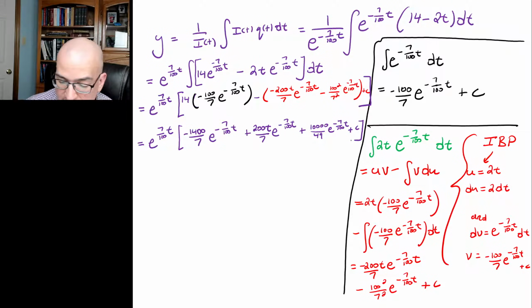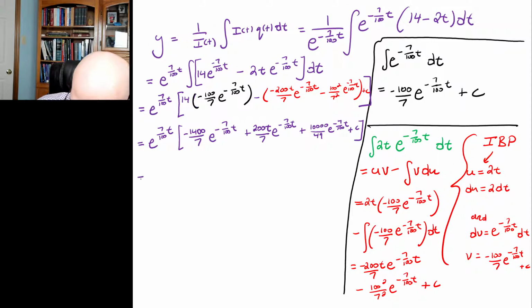And then we can collect like terms. So the first term of the brackets and the third term of the brackets are like terms. We make common denominators and combine them. We can also multiply the e to the 7 over 100t into the brackets.